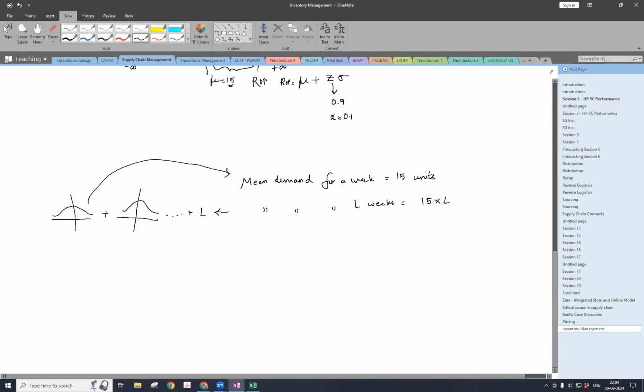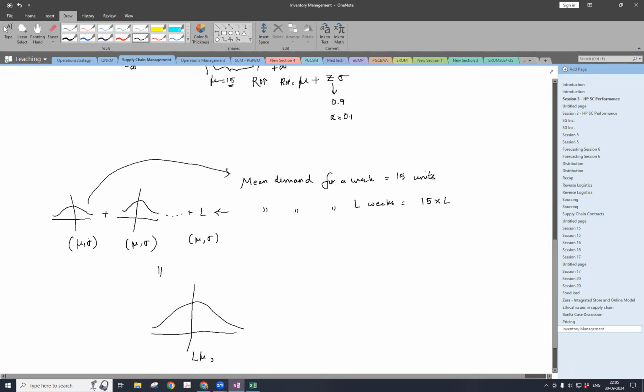Now, why does that root L come? The root L comes because whenever we are adding such normal distributions, the means get added. So if this is mu sigma, this is mu sigma, and this is mu sigma, and so on, the value that we get for L such normal distributions is going to be another normal distribution having a mean L mu, right? And here the variances get added.